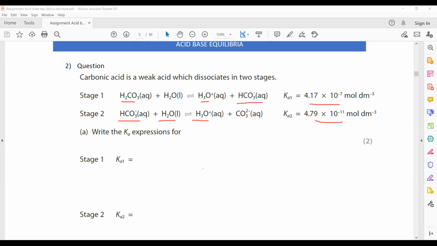So you have to write the dissociation constant for each.